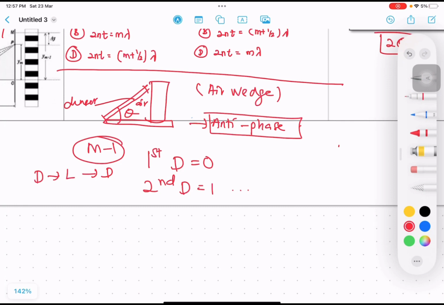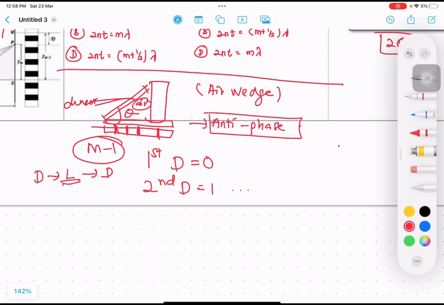Alright, into the wedge first. So basically wedge has quite different in terms of the number of M, because we don't really have central when it comes to the result of the experiment. So the wedge is from denser, this is the film or another thing that has a denser medium, to lower.